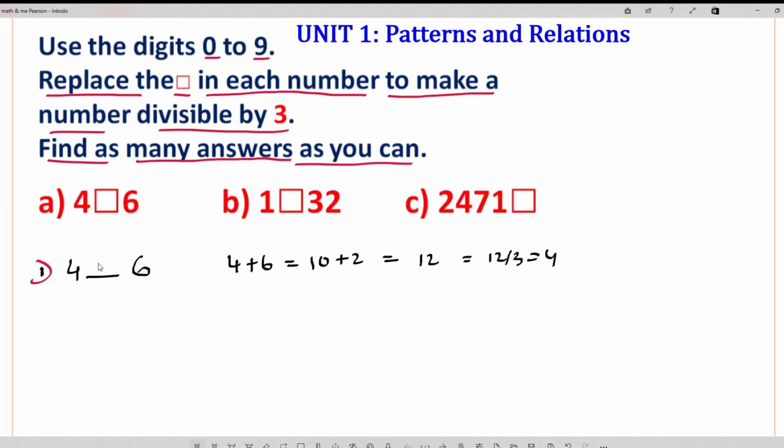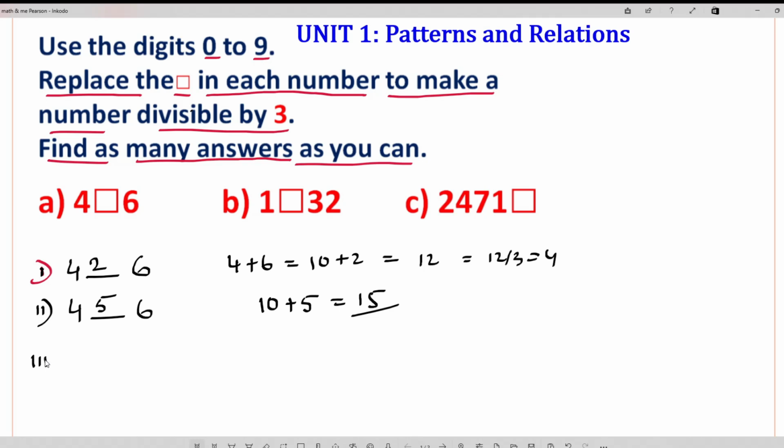So if we add 2 here, this number 4 2 6 is divisible by 3. Another one, here is 4 dash 6, we got 10. If we add 5, it means 15. 15 is divisible by 3, so we can add 5 here. In the box we can write 2, we can write 5.